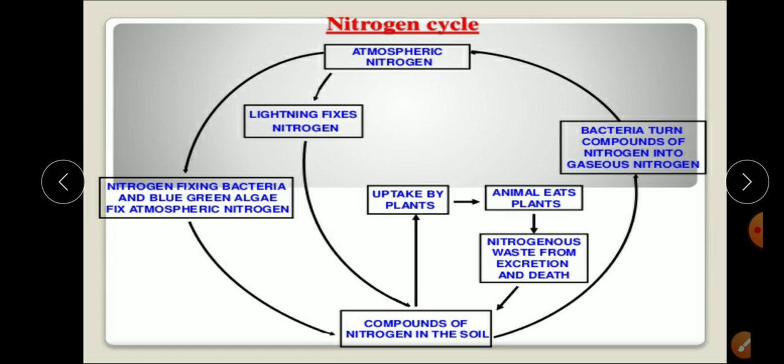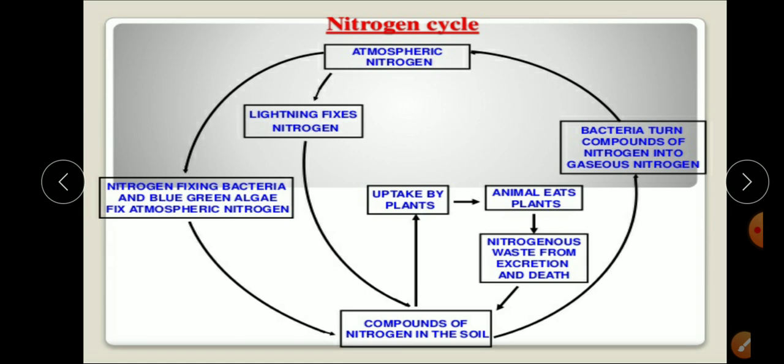So when the plants and animals die, bacteria and fungi present in the soil convert the nitrogenous waste into nitrogenous compounds to be used by plants again. Understood? This cycle is going on.